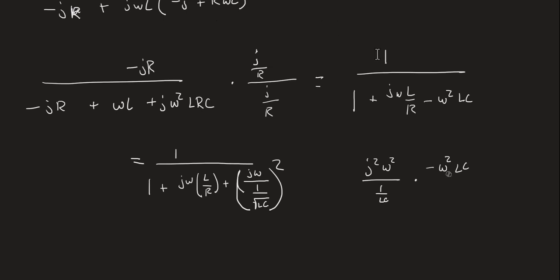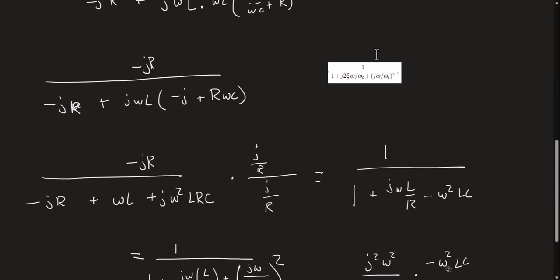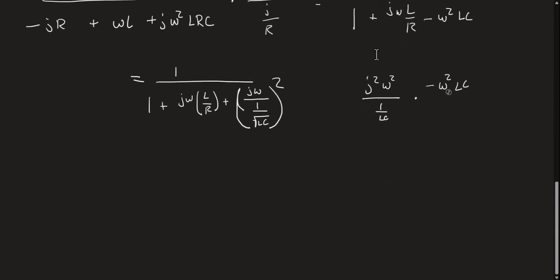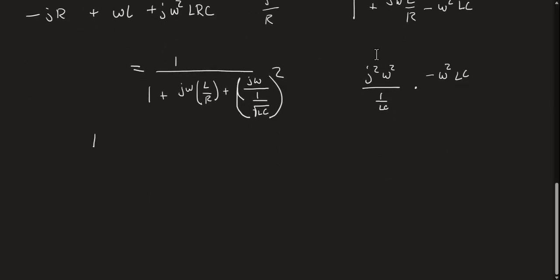Okay, so then that tells us that omega c, our corner frequency, 1 over the square root of LC, is our corner frequency.